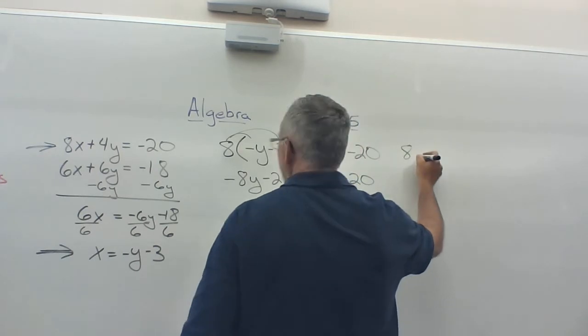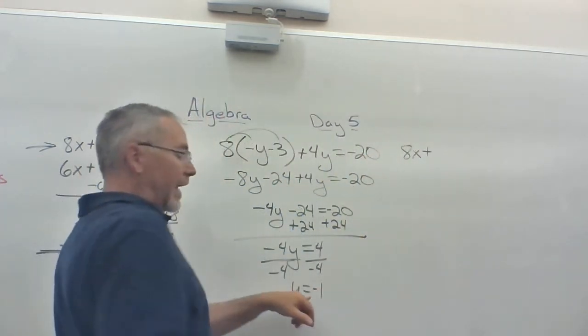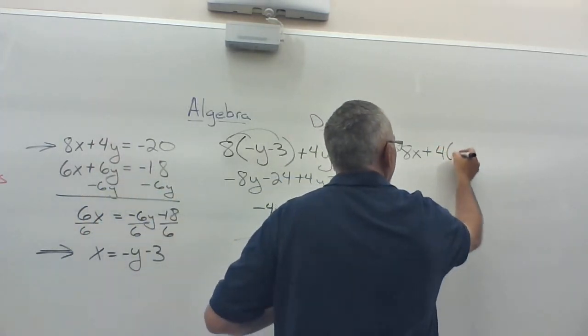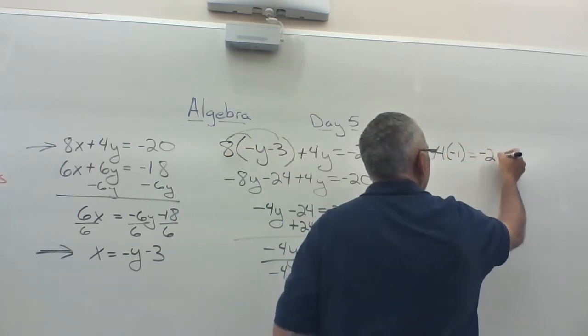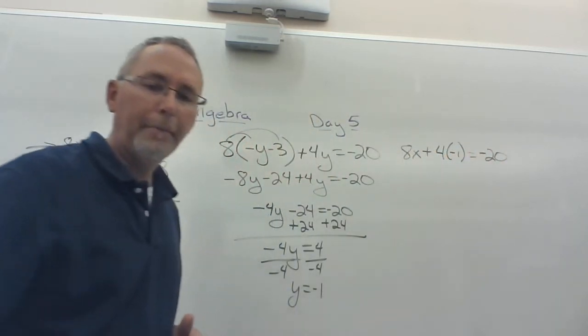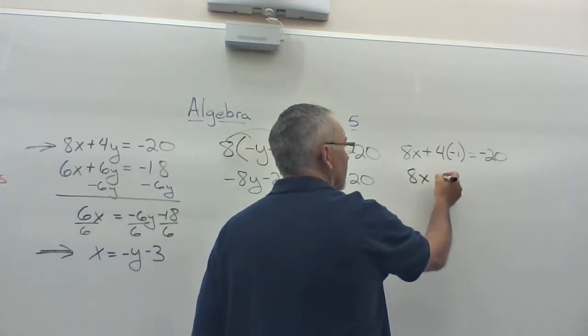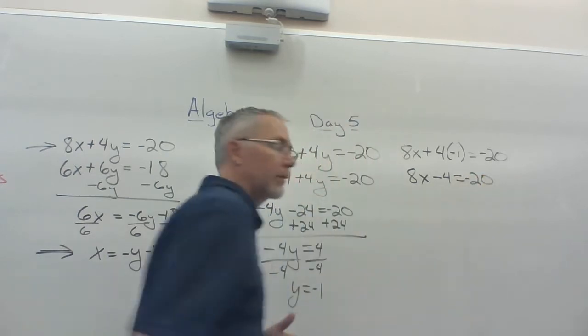This time we have 8x plus 4 times, now we know y is equal to negative 1. So 4 times negative 1 is equal to negative 20. All right. So now I end up with 8x minus 4 equals negative 20.